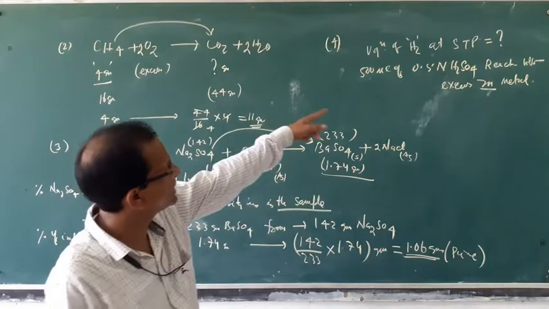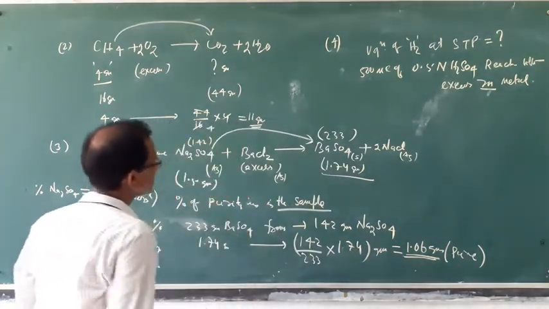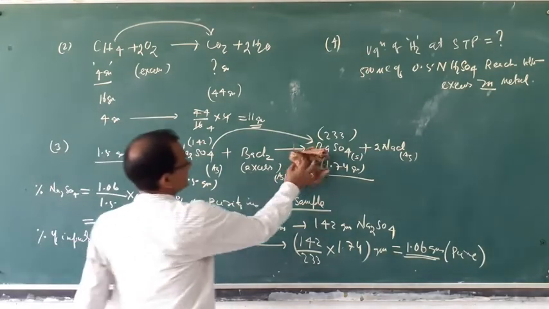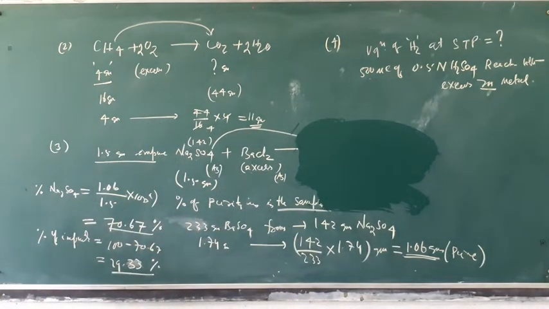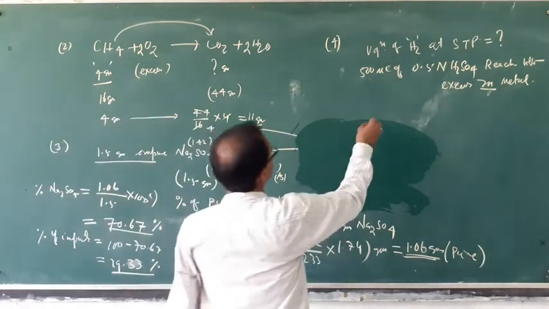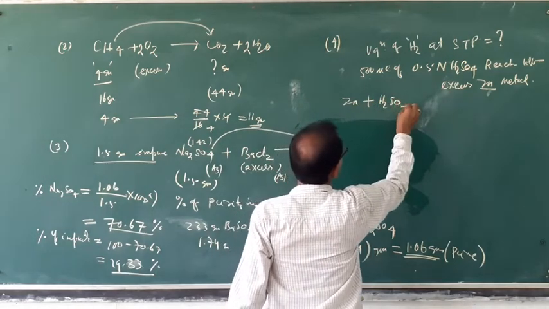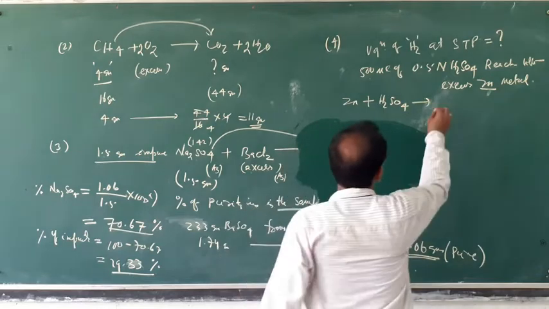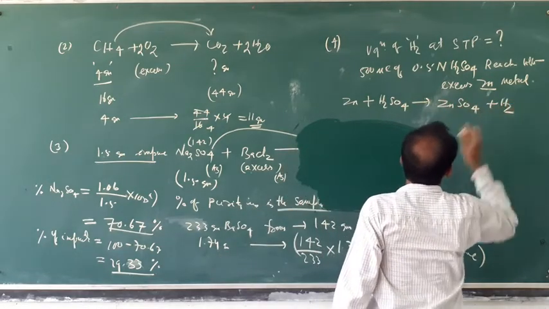Indirectly the concentration of solution and volume are given. So we know that, if you see the relation, it is a reaction between zinc and sulfuric acid. Zinc and sulfuric acid react, producing zinc sulfate and hydrogen gas.